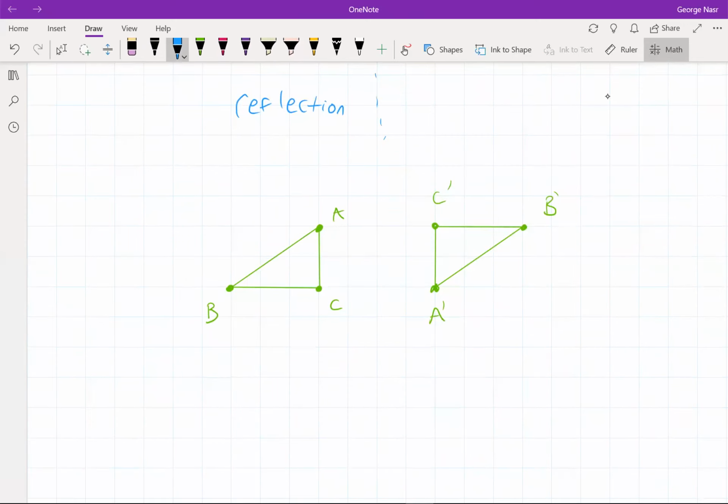And this one is a rotation by 180. You can visually draw this line and show this is 180 degrees right here. And you can do this for the rest of them.